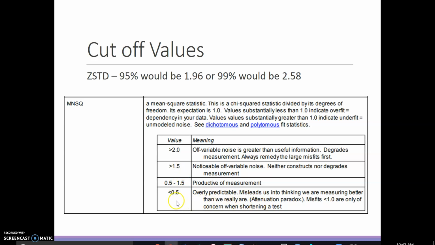Anything lower than that is over-predictable. So people who have low values of mean square and standardized are over-predictable. They're answering the same, they're being very consistent. I'm not real worried about those people. What I am worried about is the ones up top. Those are the noisy patterns that misfit. The high ones are always the ones that we worry the most about.